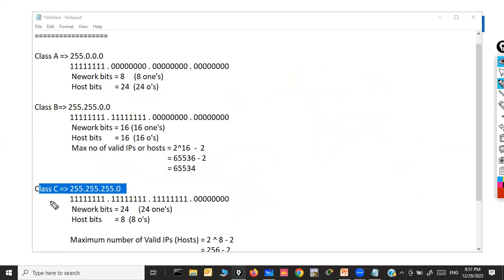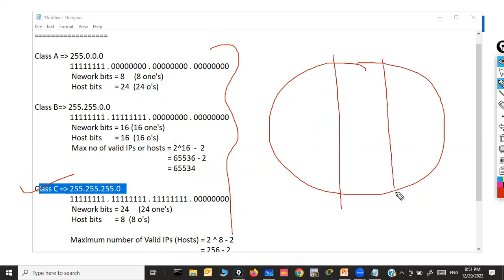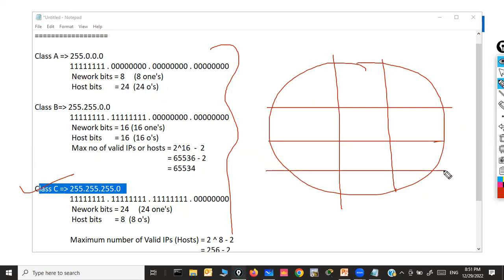So that's where subnetting really plays a very important role. And this is the main reason, because the first question that comes to our mind is, why do we do subnetting? If there is a network, logically we are dividing this large network into multiple small networks, either keeping in mind the maximum number of IPs per small network, or the number of subnets.